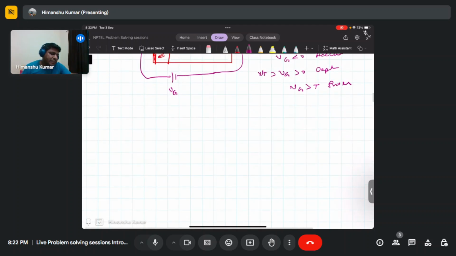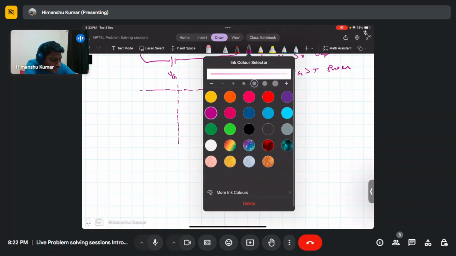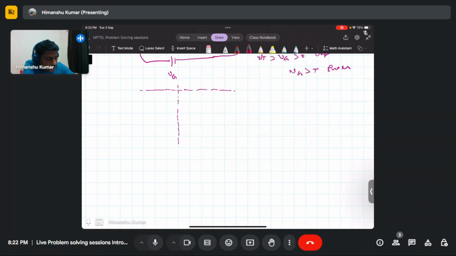So what happens is we explain by a band diagram. The correct way of drawing the band diagram is to draw the vacuum level first, and then write all the energy levels, the Fermi level.